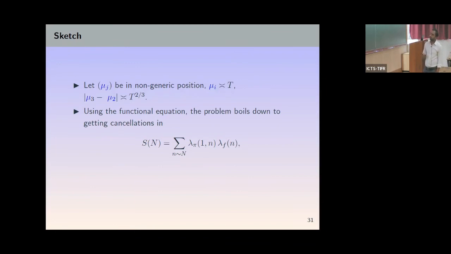Here you have a sum where n is of size capital N, which means n is in the dyadic range between N and 2N, with GL2 coefficients, GL3 coefficients and GL2 coefficients. We really want to get cancellation in this. If you just trivially treat it and apply the Ramanujan bound on average, you can show that this is bounded by capital N. So to get cancellation means we really want a bound of the form N to the power 1 minus delta for some delta. That will solve our problem.